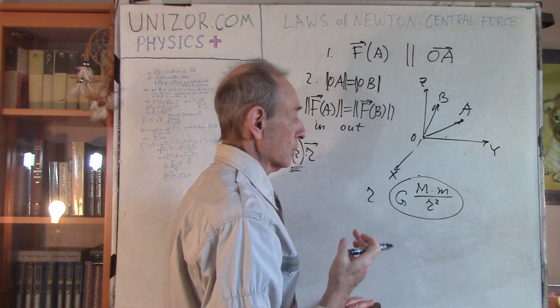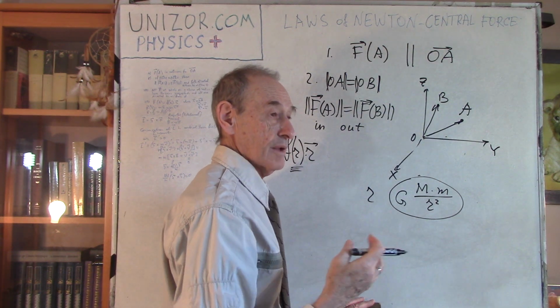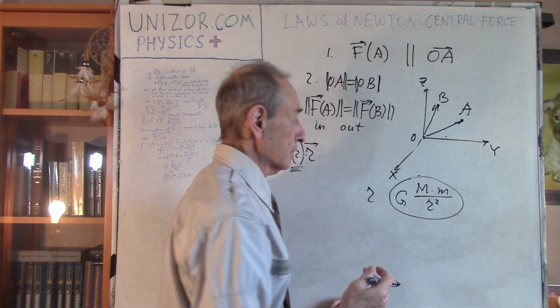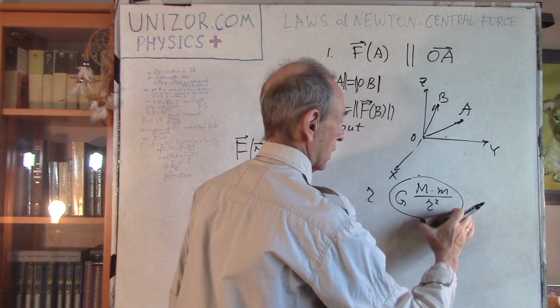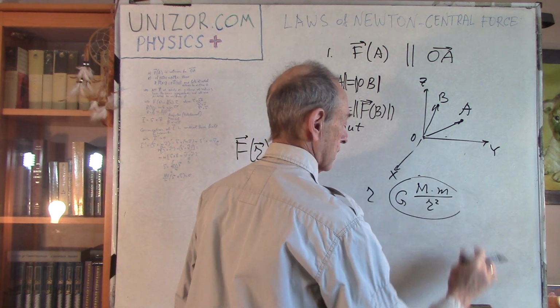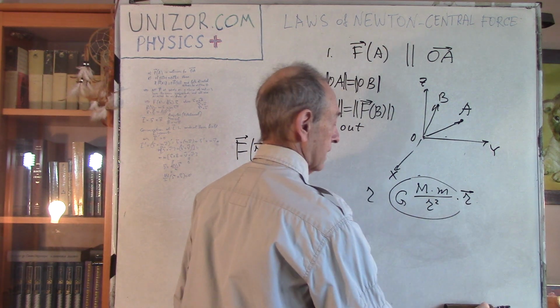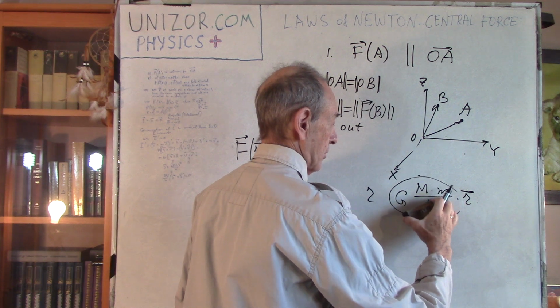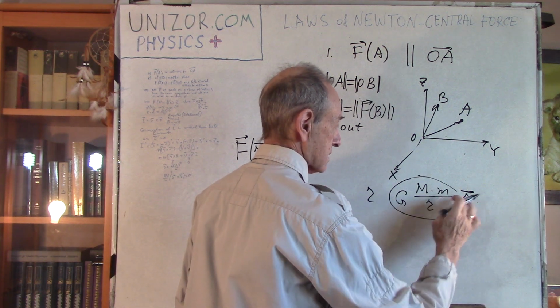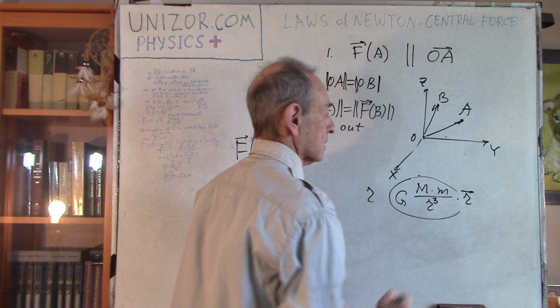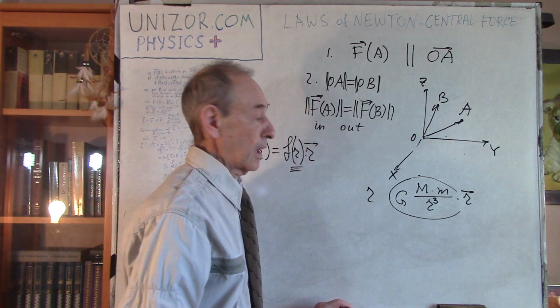If I would like to express it as a vector, where direction is also involved, I can multiply it by r as a vector and divide by its length, so it will be to the third power.